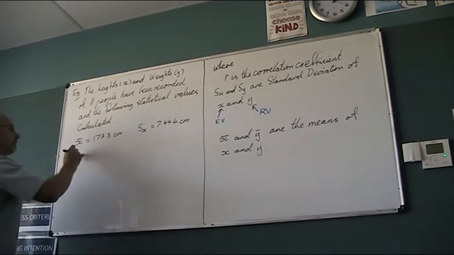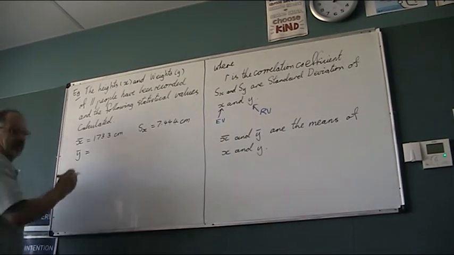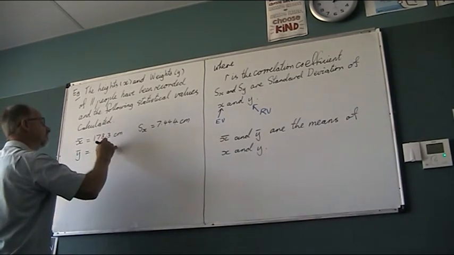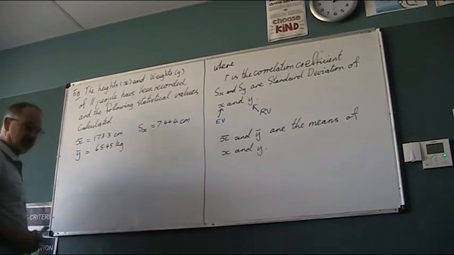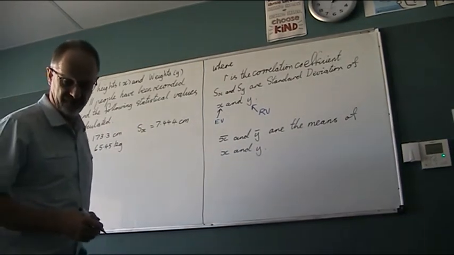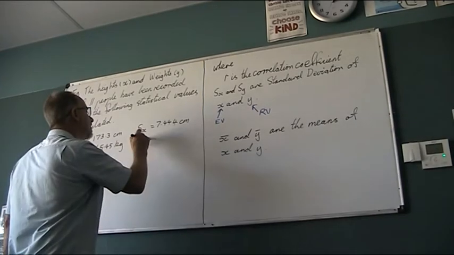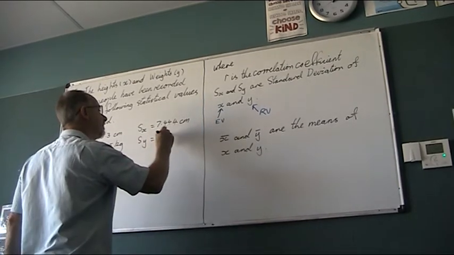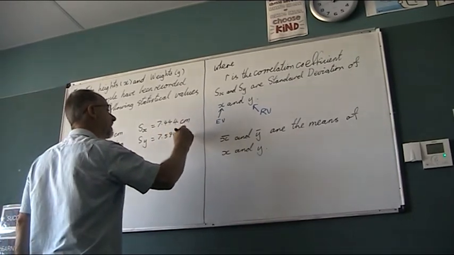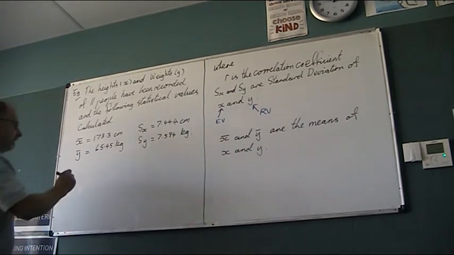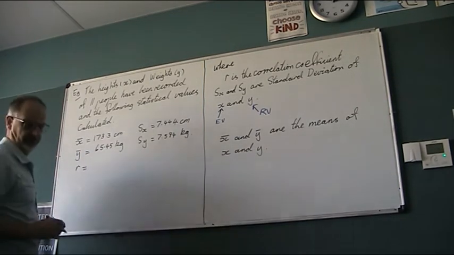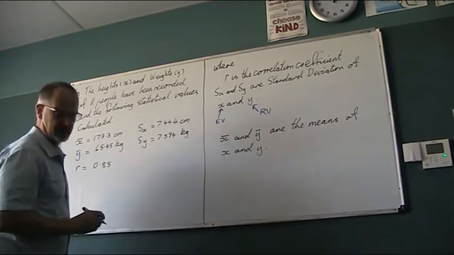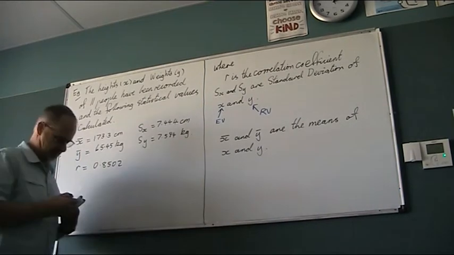They then did the same for the weights. 65.44 kilograms, I should say, for the mean, and the standard deviation 7.594 kilograms. And the correlation coefficient is 0.8502.